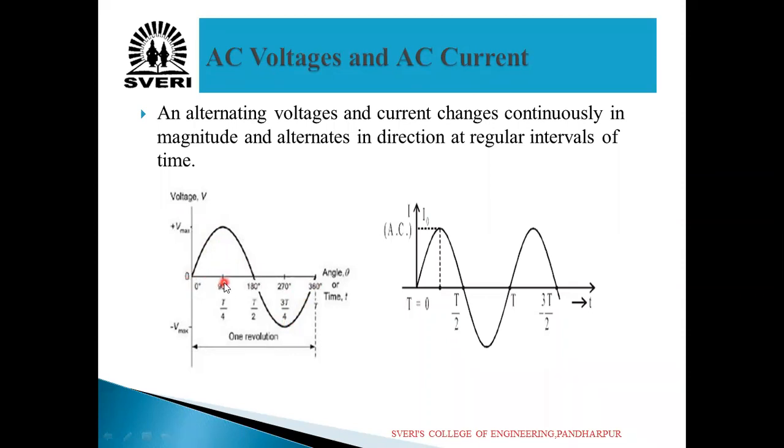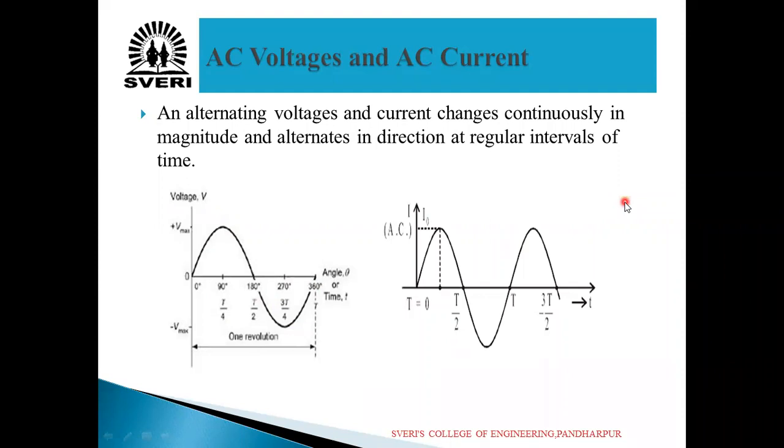So 0 to 90 it reaches its peak, 90 to 180 it comes back to 0, and 180 to 270 it reaches the maximum again. Like this, the magnitude changes continuously and alternates its direction: positive half cycle, negative, positive, negative.